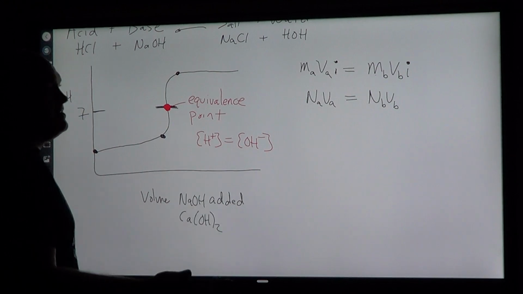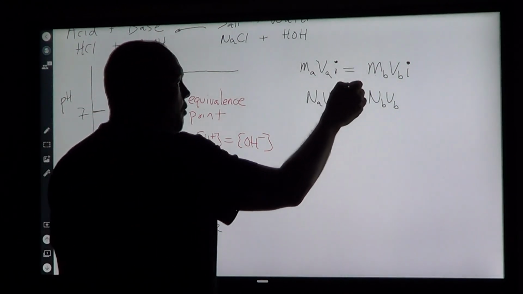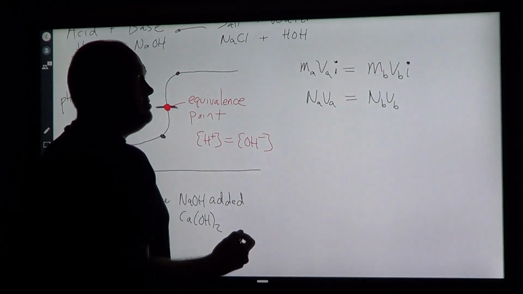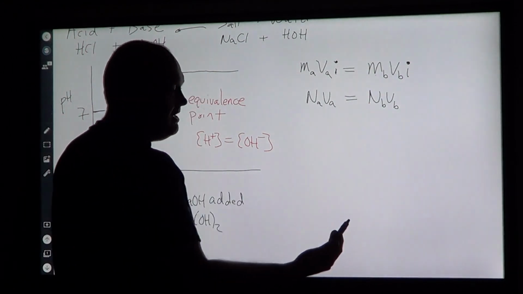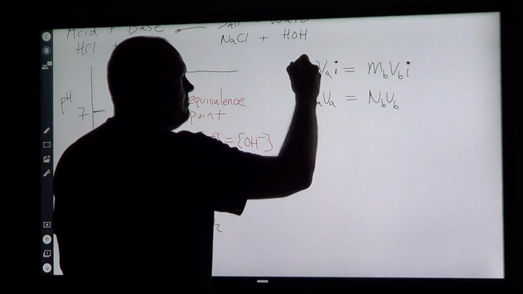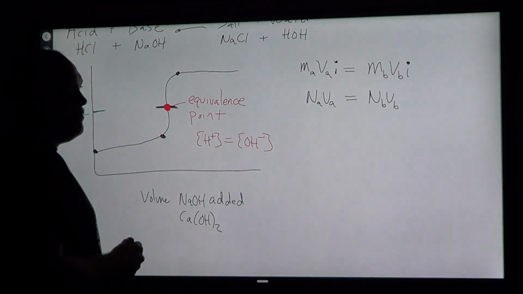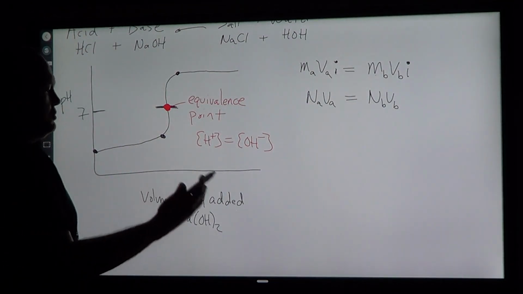Every book is different, so I'm teaching you both in case the next chemistry class you take uses normality, you've at least seen it before. But I don't care if you use that one or that one. The solution is all the same.